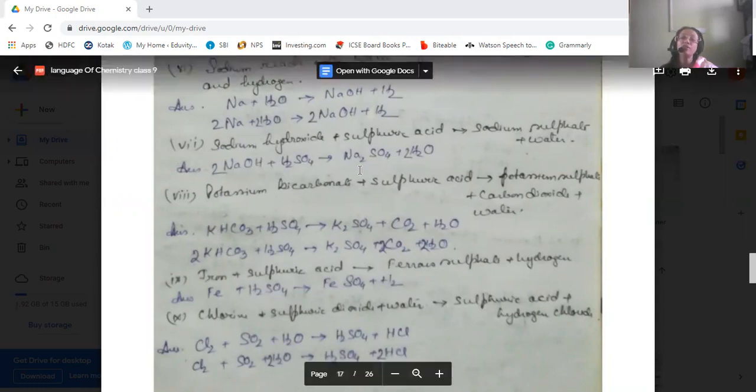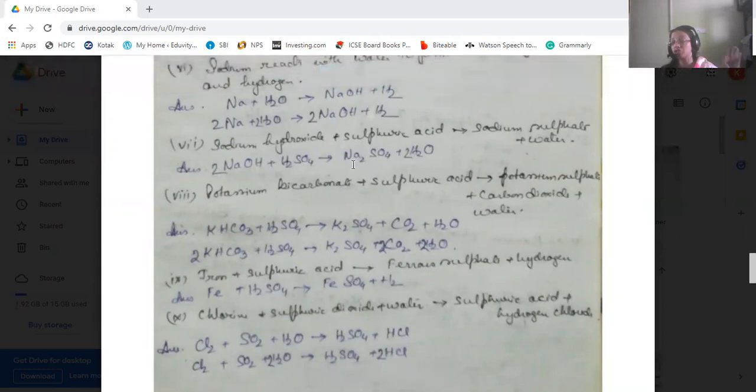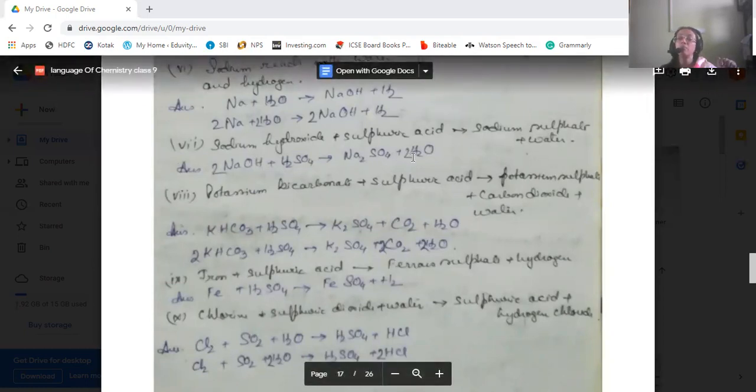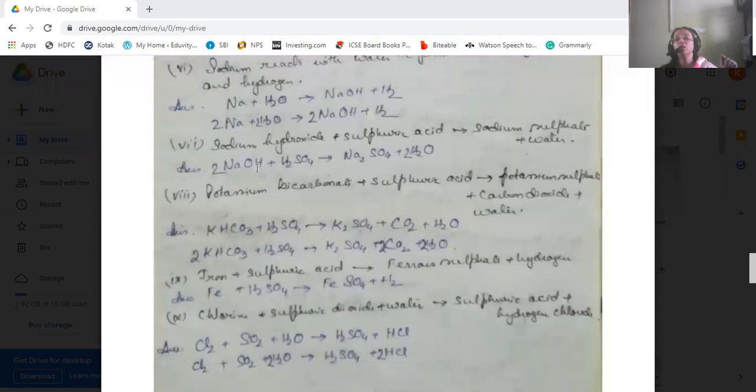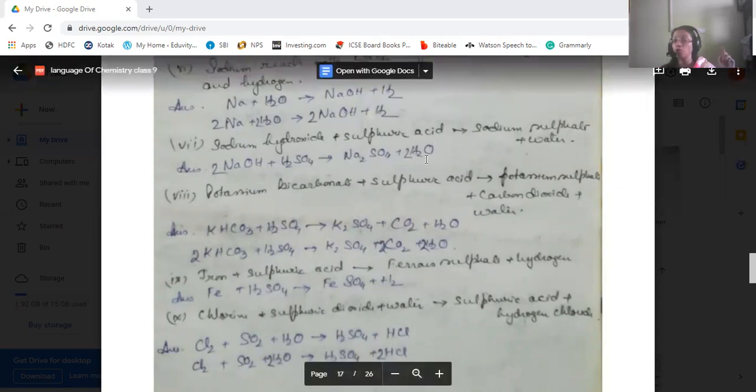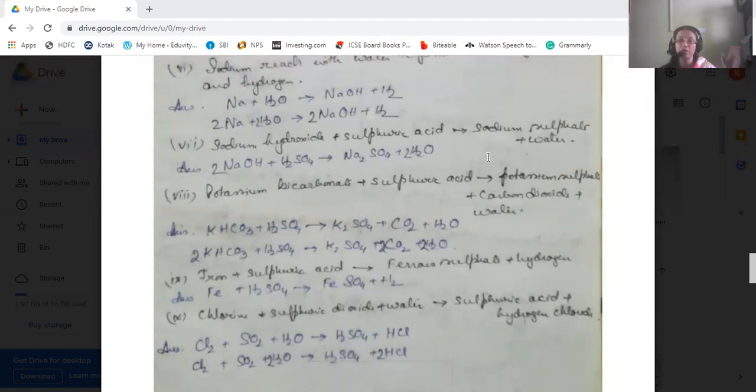On the product side, we get sodium has 2 atoms, sulfur 1, oxygen has 5, but hydrogen has 2. Okay, so for that reason, we need to multiply sodium hydroxide on the reactant side by 2. And on the product side, we multiply water, that is H2O, by 2. So that makes sodium 2 atoms, oxygen 2 plus 4, that's 6. Hydrogen 2 plus 2, that's 4. On the product side, sodium 2, then sulfur 1, oxygen 2 plus 2, that's 4 plus 2, that's 6, and hydrogen 4. So that makes the equation balanced.